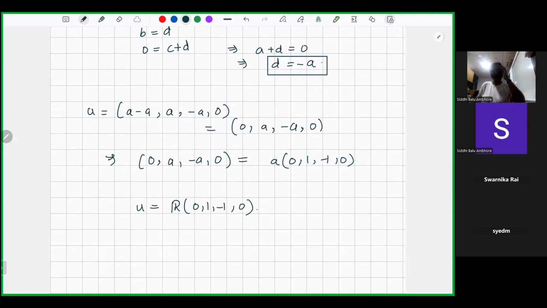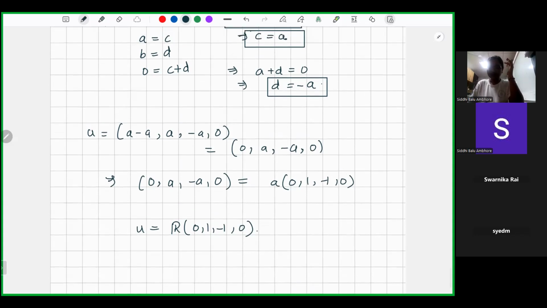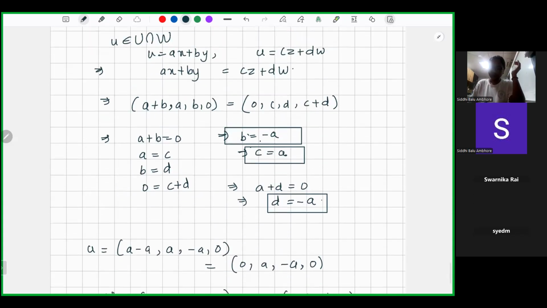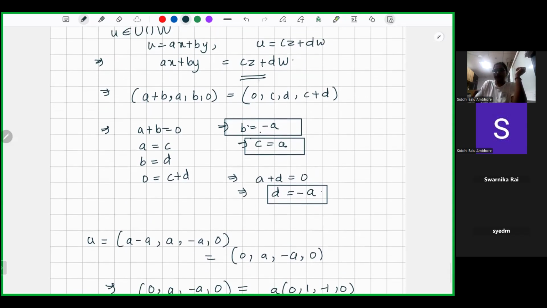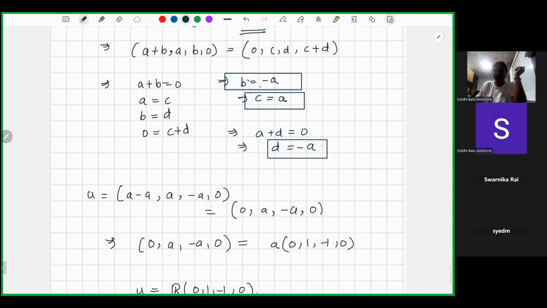I hope this is clear now. Sorry for all that confusion. But is this okay now? Once I have this, I just substituted back and we got a similar equation that U has this form.